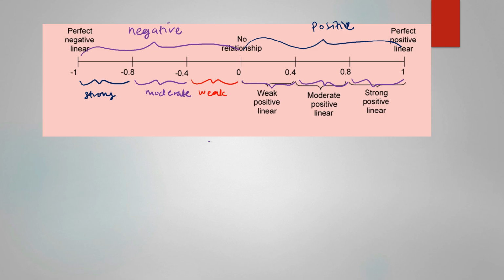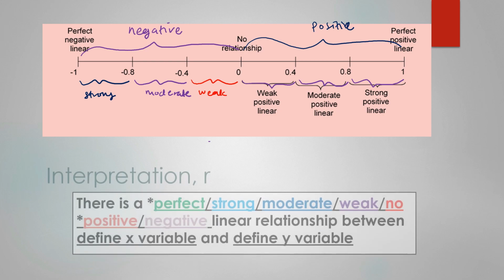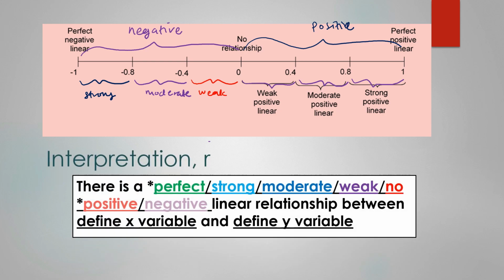Then, for the value that you get, you need to interpret it. The interpretation of R would be: there is a, here you need to choose whether your R gives you the definition of perfect, strong, moderate, weak, or no. The colored one is the one that you need to choose.